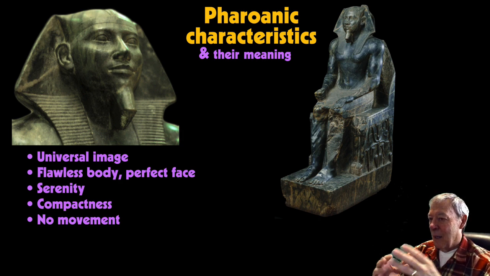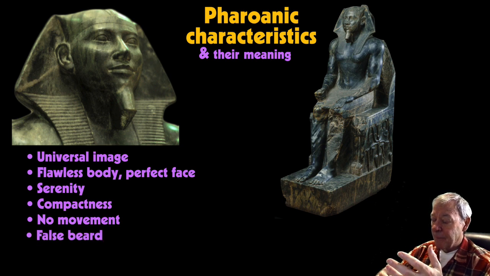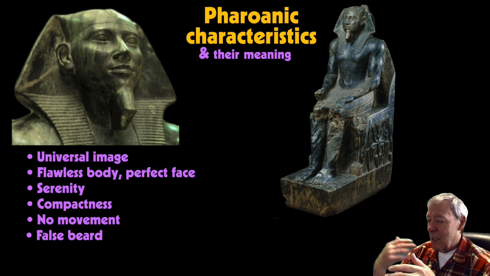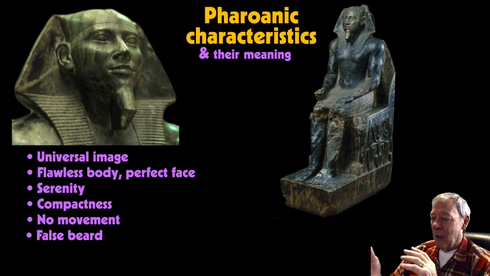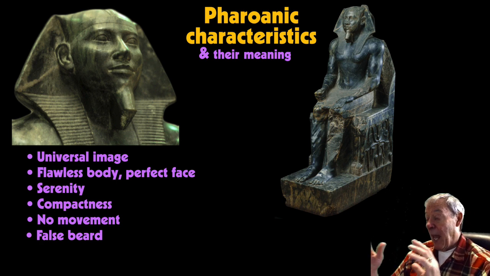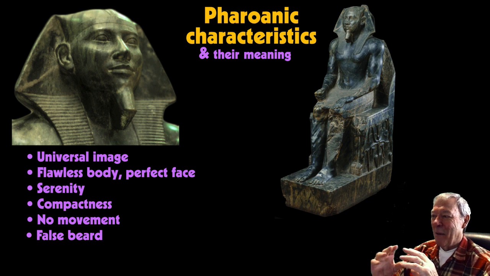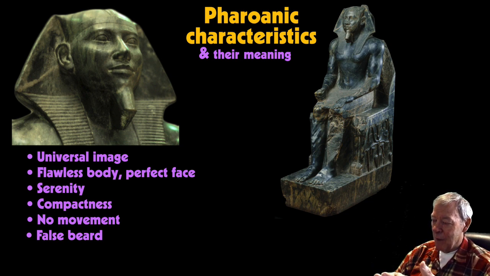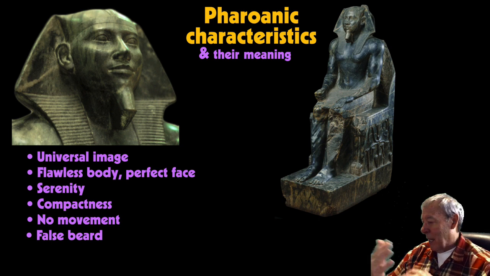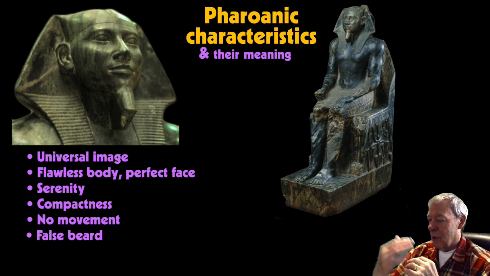And then we've got the beard. Be aware that this is a false beard. Egyptians apparently were a clean-shaven, beardless people. Whether that was convention or whether that was DNA, I don't know. But nevertheless, they are always portrayed in their images as being clean-shaven, which is interesting because that's one way of identifying foreigners, that they always have beards.